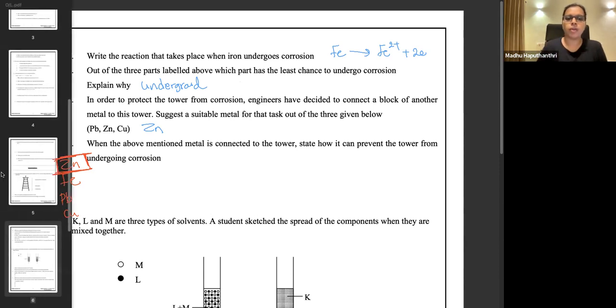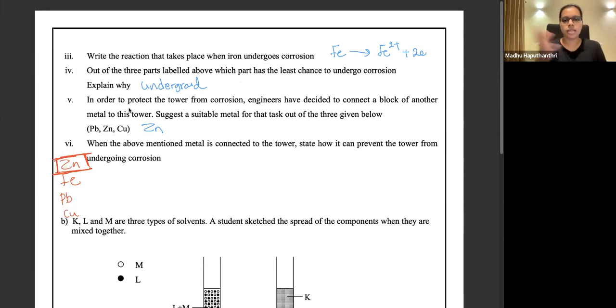Anyway, now when you are connecting zinc, it is acting as the anode, because oxidation always happens at the anode, whatever the cell type. In corrosion also, a small electrochemical cell is working. So zinc is acting as the anode, and our Fe is becoming the cathode.